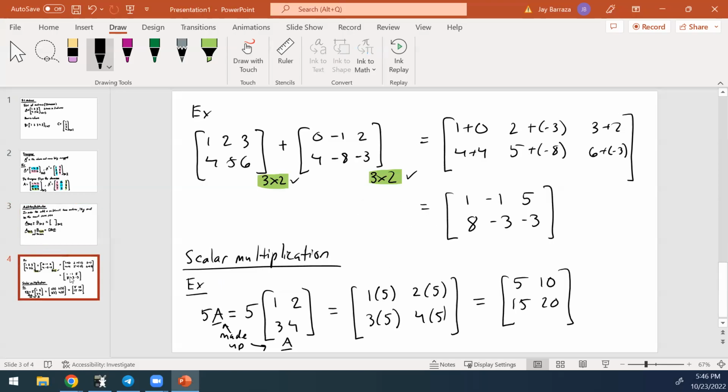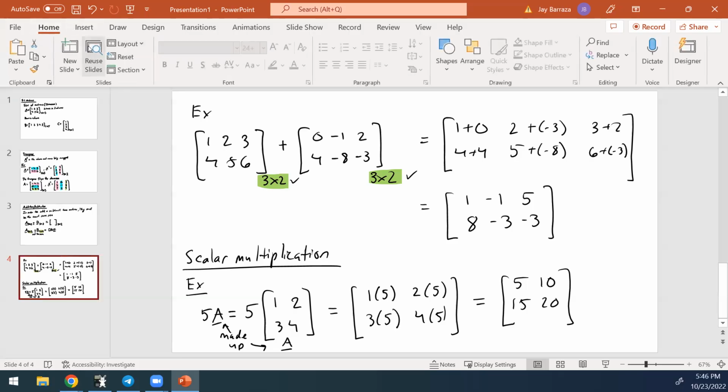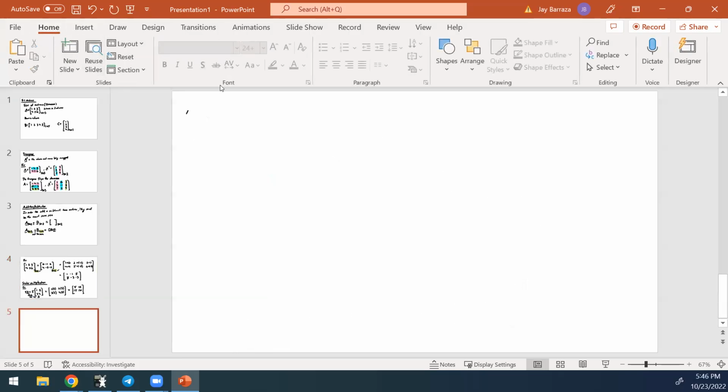So now we know addition, subtraction, right? We know scalar multiplication. And so the last thing that we need to know is matrix multiplication. So now we can do matrix multiplication.